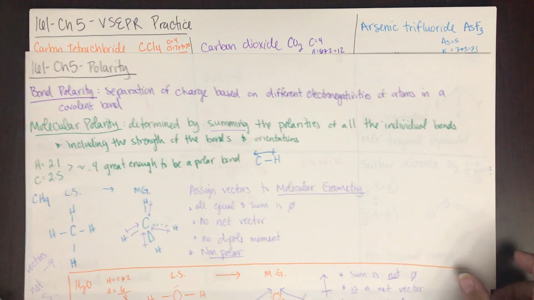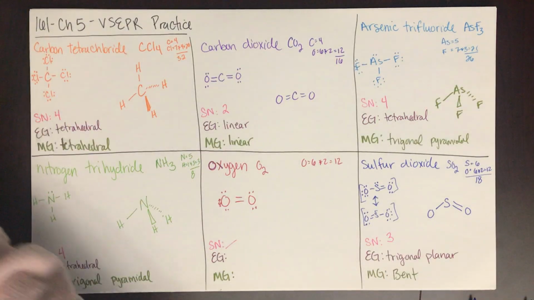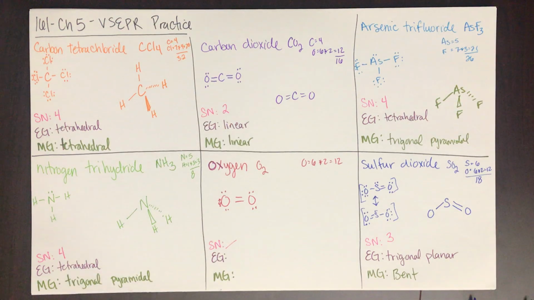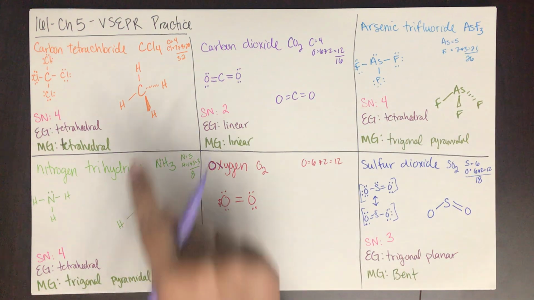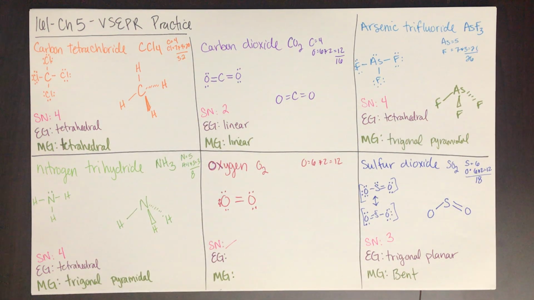So what we're going to do is use this VSEPR practice sheet that we used to practice drawing the molecular geometries of each of these. And now we're going to go through and tell if each is polar or not. So this carbon tetrachloride we did already. Now I'm going to draw the vectors on this picture.